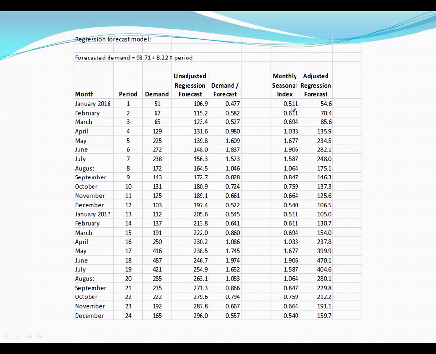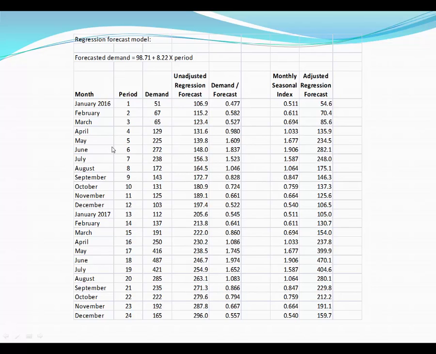And what you notice is because the monthly index is less than 1, it pulls the regression forecast down. And in fact, this 54.6 looks much closer to what the actual demand was of 51 than the unadjusted model did. And we see the same pattern being repeated throughout. Let's take a look at June.